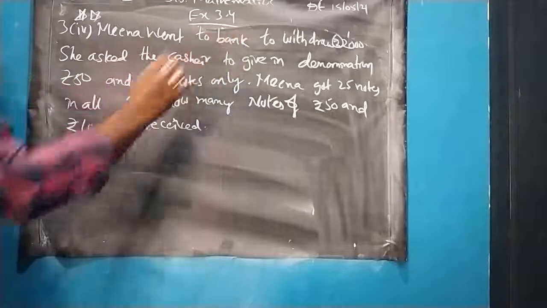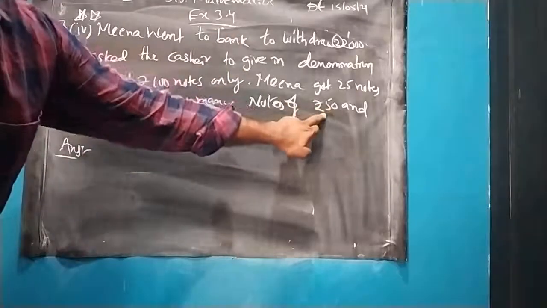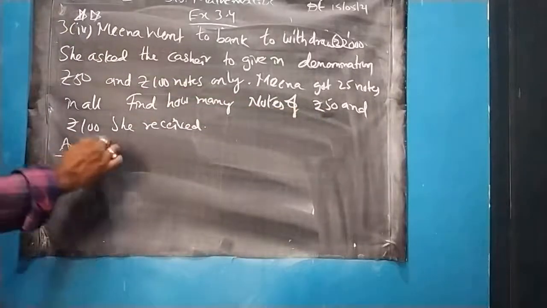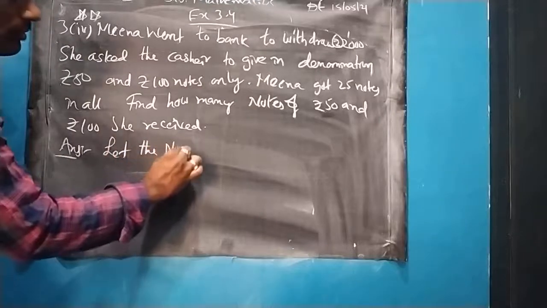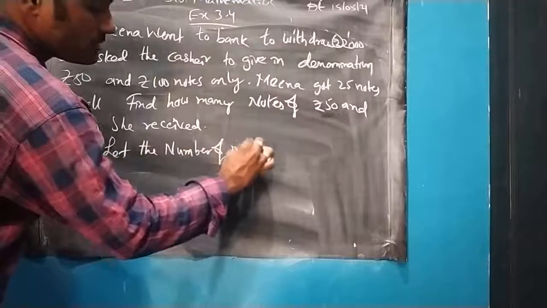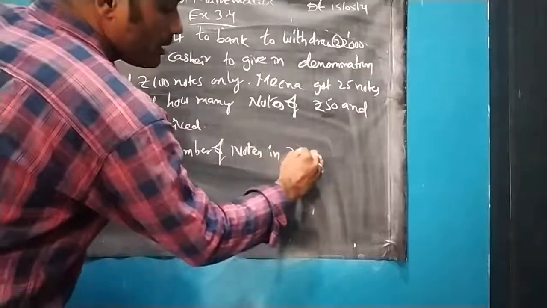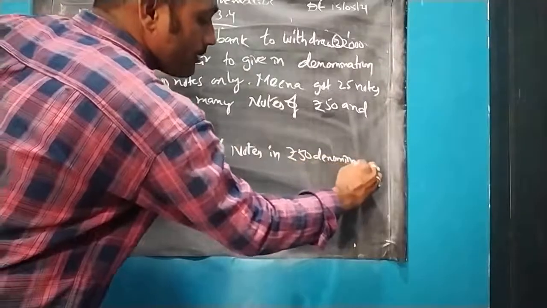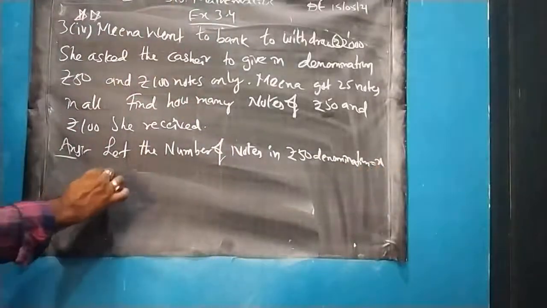So total amount of money. He is talking in the question about the denominations, in terms of rupees 50 and rupees 100. So let the number of notes in rupees 50 denomination be x.